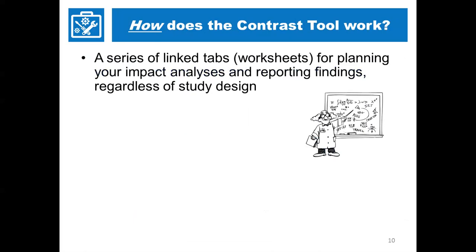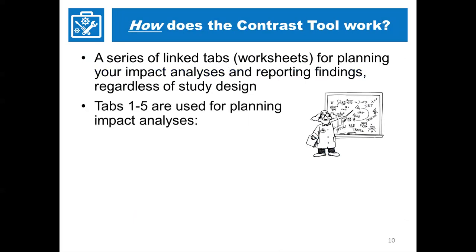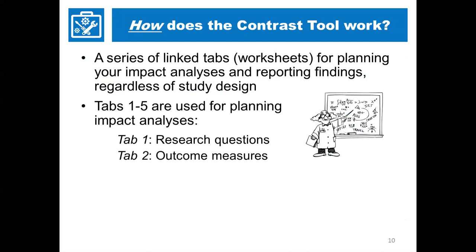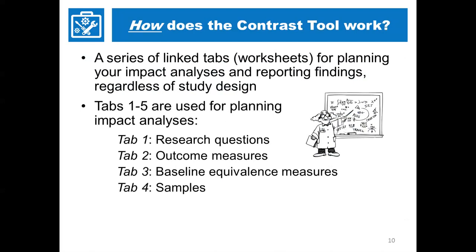So how does the contrast tool work? It has 10 linked tabs or worksheets. The first set of 5 tabs are used for planning your analyses. In the first 4 tabs, you can specify the research questions, the outcomes that will be included in your analyses, the baseline measures, and the treatment and comparison samples that will be compared in the analyses.